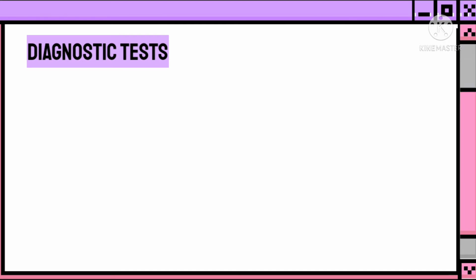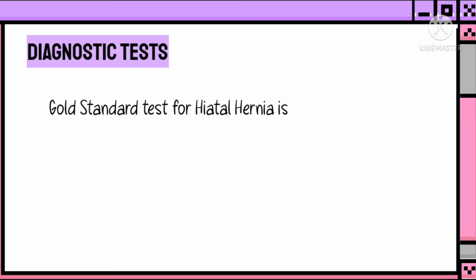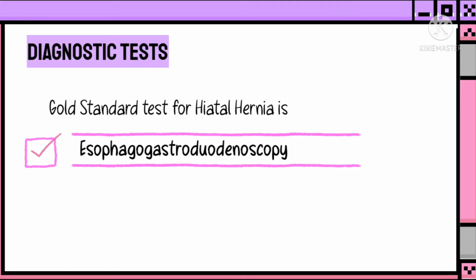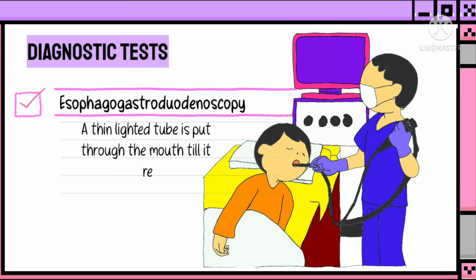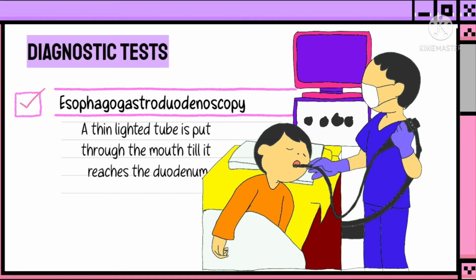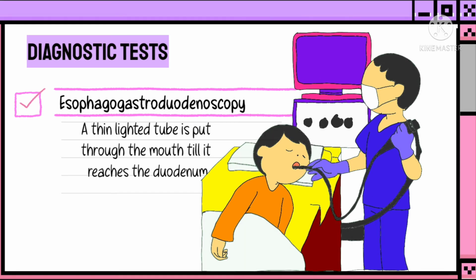Now coming to the diagnostic test, the gold standard test for determining hiatal hernia is the esophagogastroduodenoscopy. It is a procedure in which a thin lighted tube, that is the endoscope, is put through the mouth and throat till it reaches the duodenum.